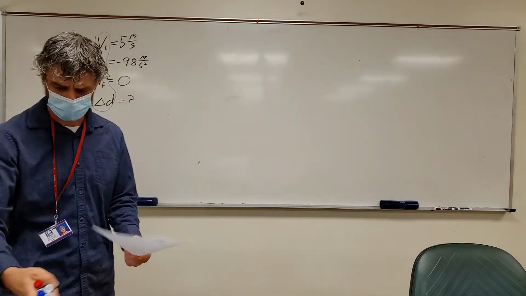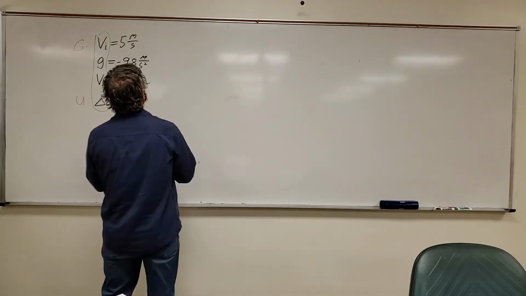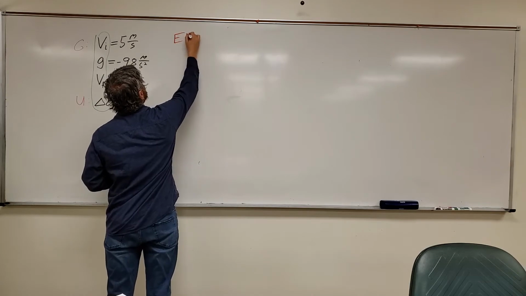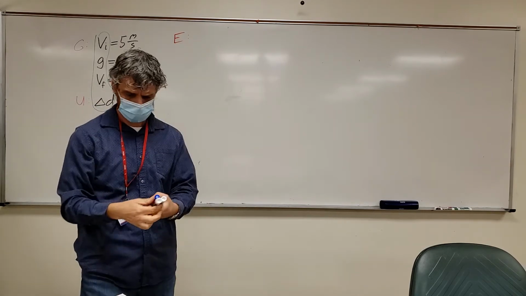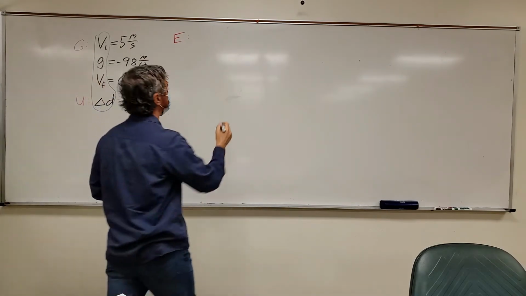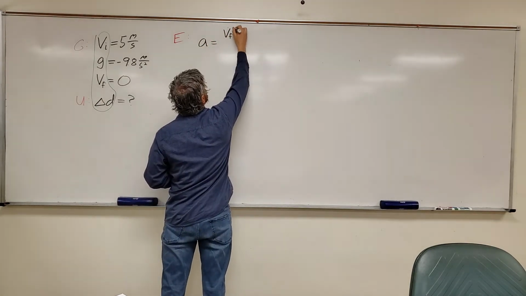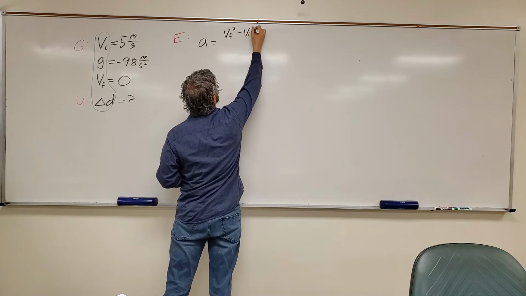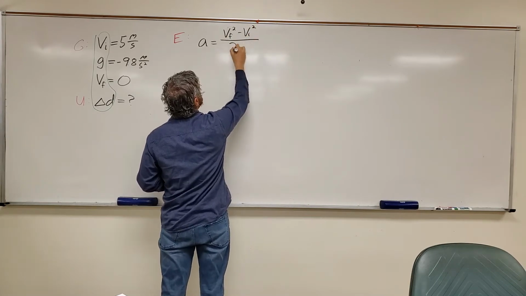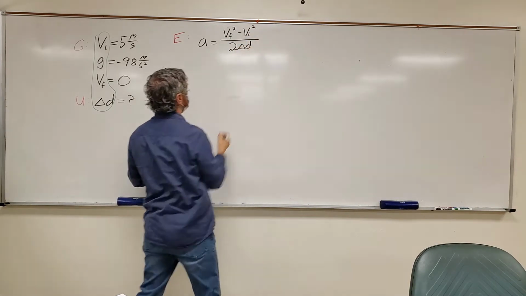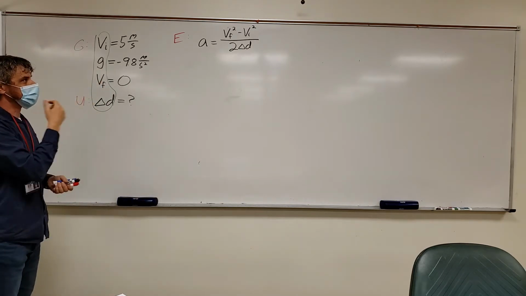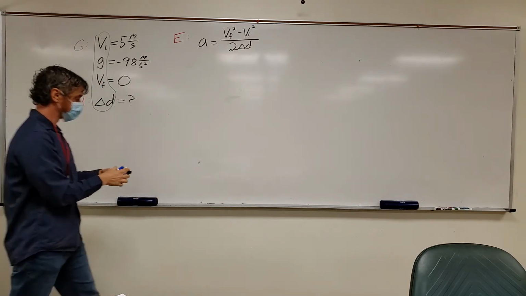The third one down. So that's the equation I will pick. That is the acceleration is equal to the final velocity squared minus the initial velocity squared divided by 2 times the displacement. And we're trying to get the displacement by itself.